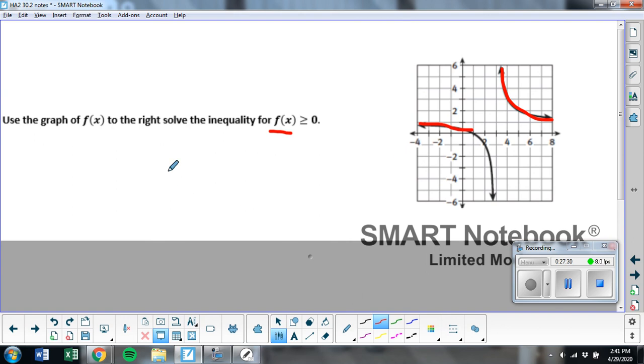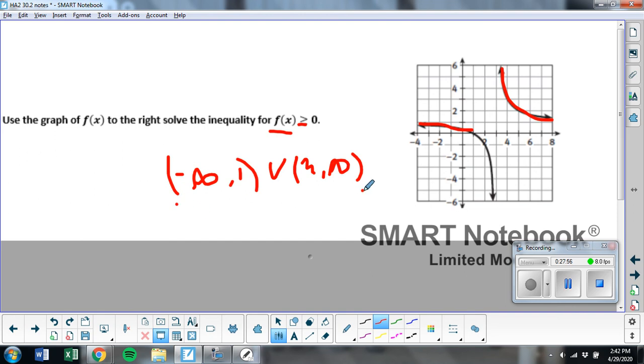So what values do I have? I have from -infinity to 1. And I have, it looks like this is approaching 3 to infinity. Now it has the equal to sign, so we need to check everything.